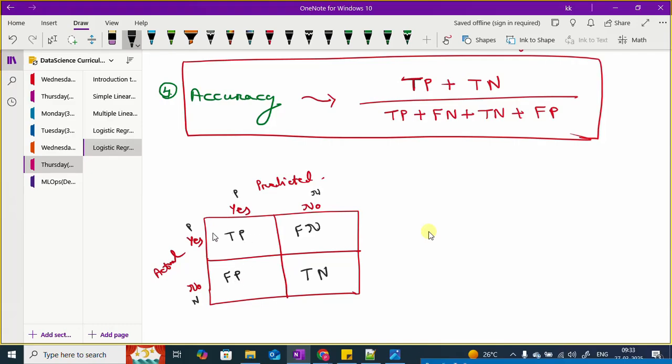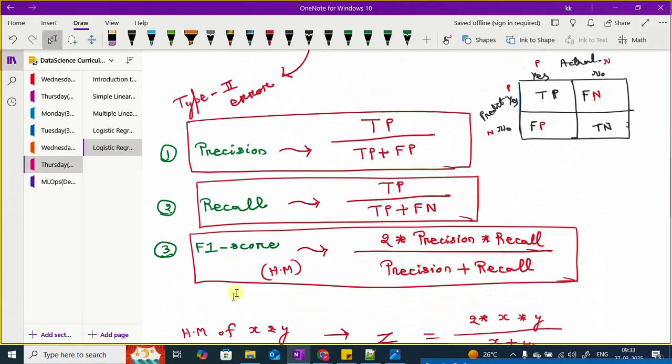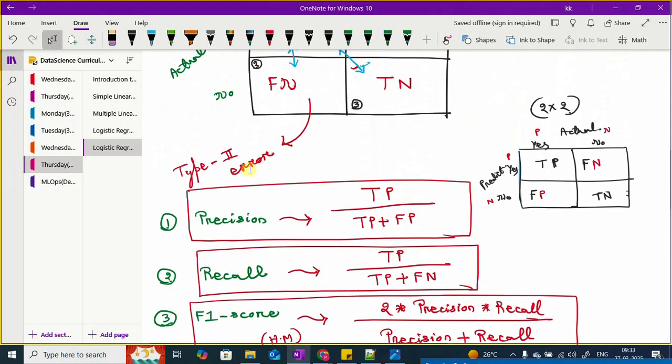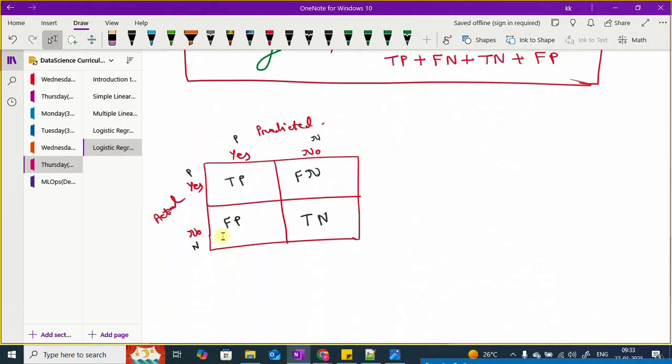Now try to compare this picture with the above one. This is the same, right? I have taken actual here, predicted here. But in the previous diagram, hold on, let me complete, here you can see false negative here, false positive here. But here I'm taking false positive here and false negative here. So whatever you are telling, sir, you have taken wrongly.